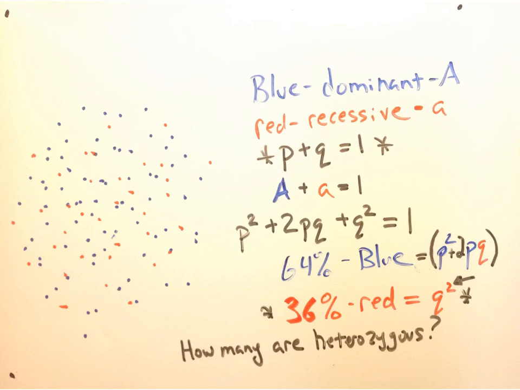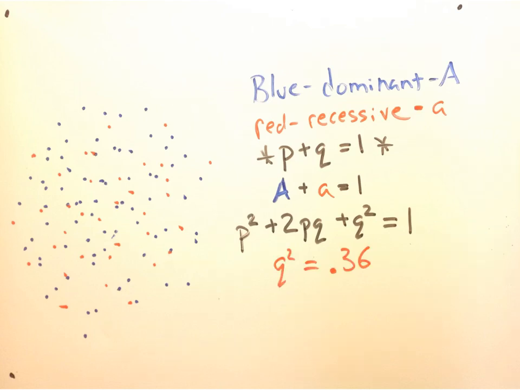So we should start with Q squared, which is the percent of the population that has the homozygous recessive genotype and the recessive phenotype. Remember, Q is squared, so the next thing that we have to do is get Q by itself. So to start these problems, remember that the percent of the population that has a recessive phenotype equals Q squared.